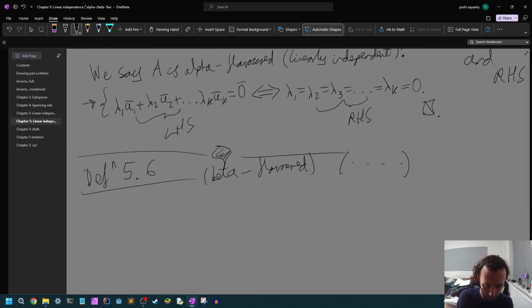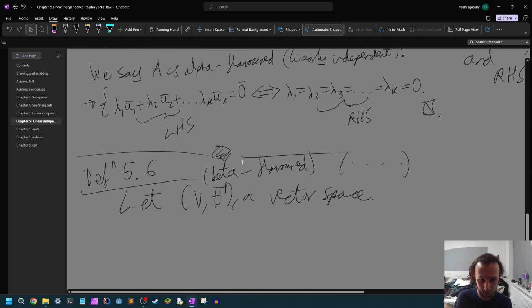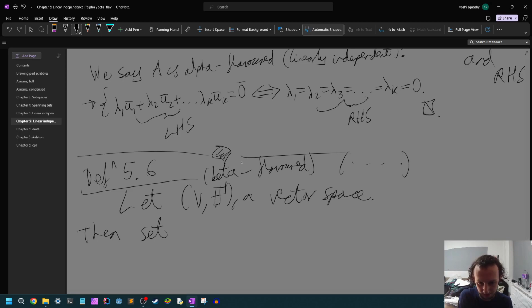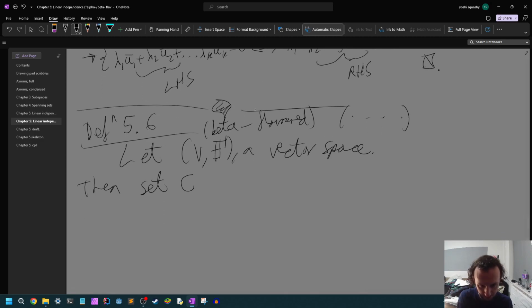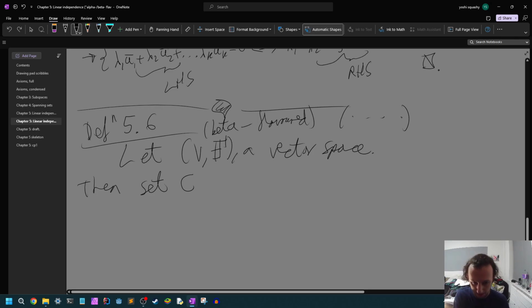So we're going to have, let V be a vector space, and I'll try and go through this quickly because we've done this before. Then, maybe give it a different letter, why not? Go with C. Then set C, a subset of V. I should write what vectors are in it because we're going to be using that.